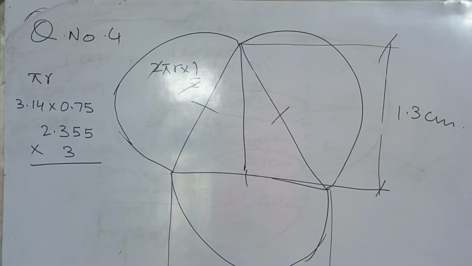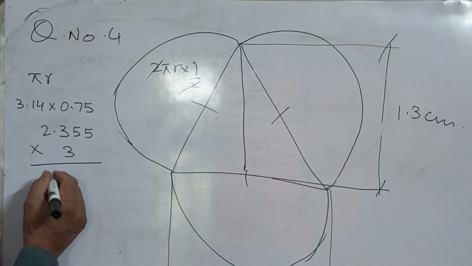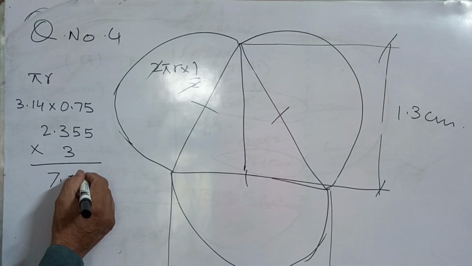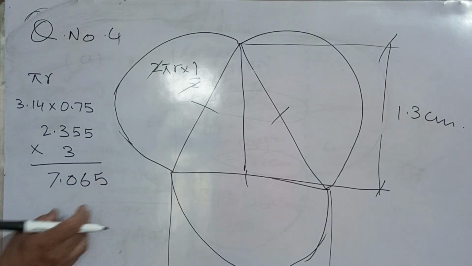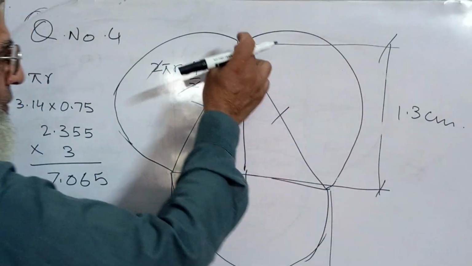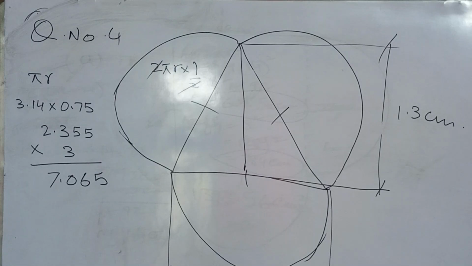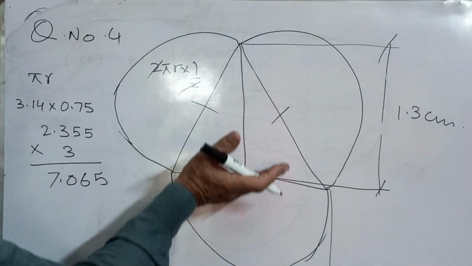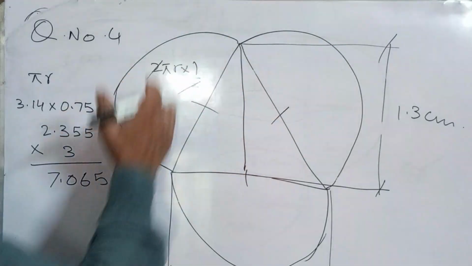2.355 multiplied by 3 is equal to almost 7.0. Now we have found it. You see that the area within this boundary we don't have to find.